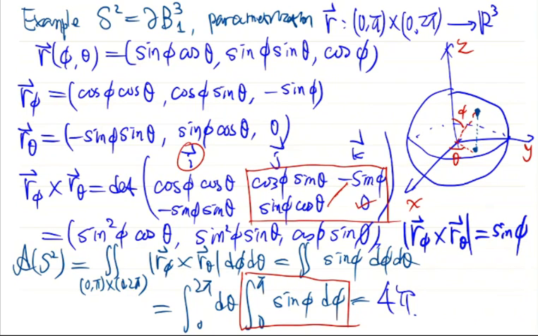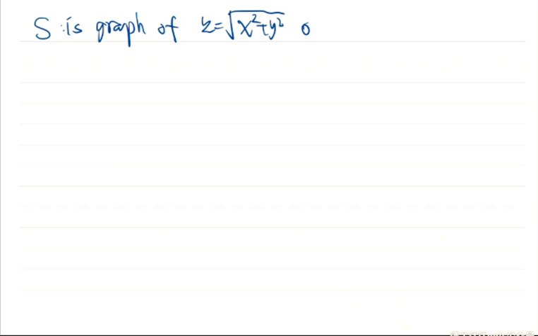Now we consider a further example. S is the graph of this function over the domain D, the region x squared plus y squared less than 1.